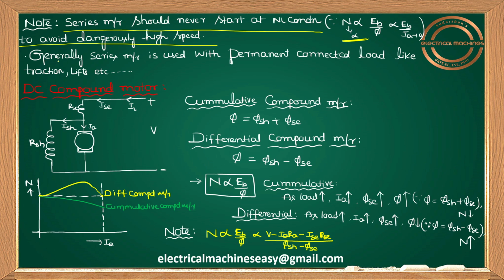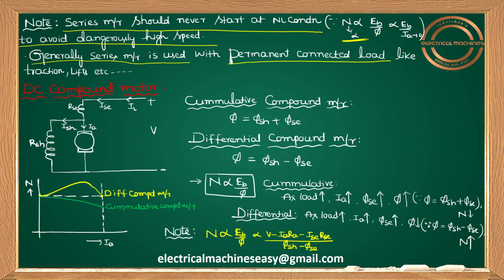That's why, if you observe in the laboratory also, for the series motor some permanent load will be connected. So that if people, without knowing, start the series motor on no load condition, where the speed of the series motor is infinite, this is avoided.